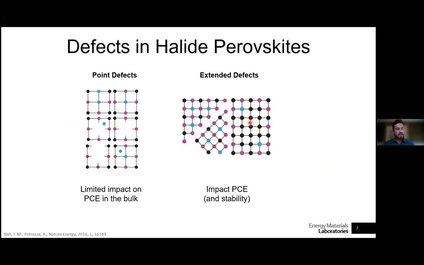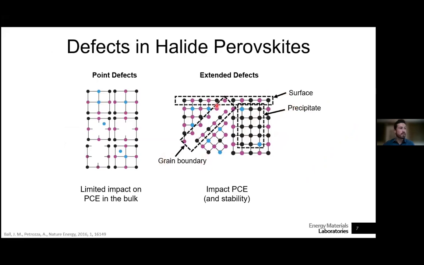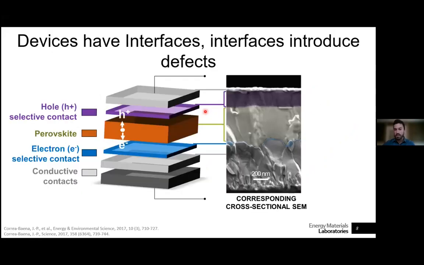However, defects can still impact performance. As an example, extended defects, where we have aggregates of one of the precursor materials, grain boundaries, and most importantly, surfaces. Even point defects at surfaces might contribute to non-radiative recombination. In a device, we are bound to have interfaces. We need electron and hole transporting materials to extract the carriers.